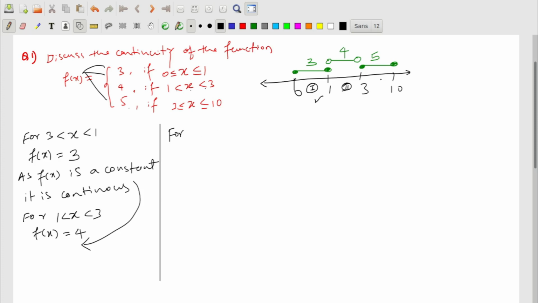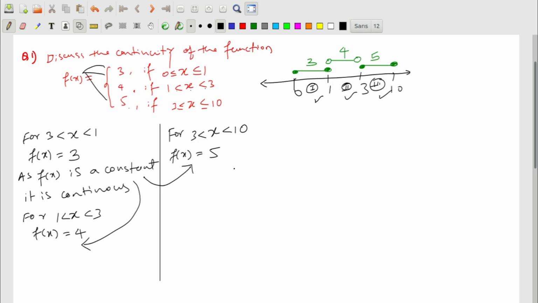For x greater than 3 and less than 10, f of x is 5, right? So again, constant function, take the same sentence. So now the function is continuous for all the three regions, region 1, region 2 and region 3.